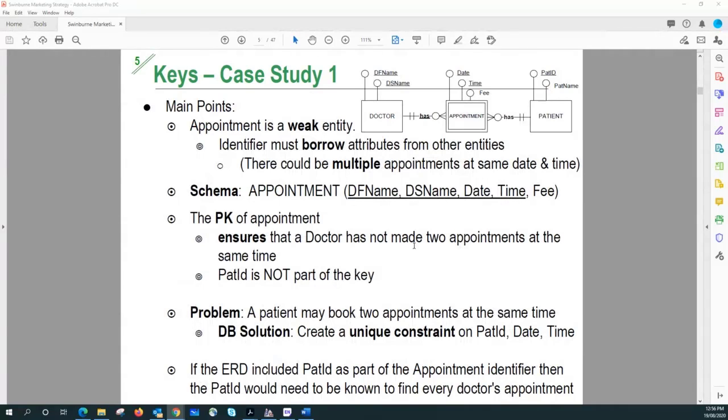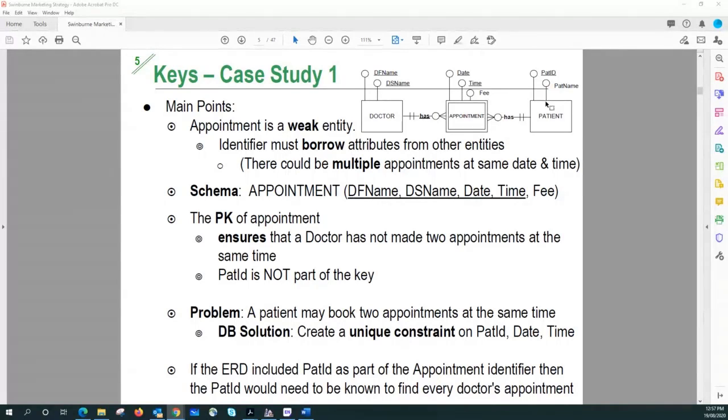But then there is another issue. How can you make sure, because the patient can call and ask, okay, I need an appointment at 11:30 today, and then call again at another time and say, okay, I need another appointment at 11:30.